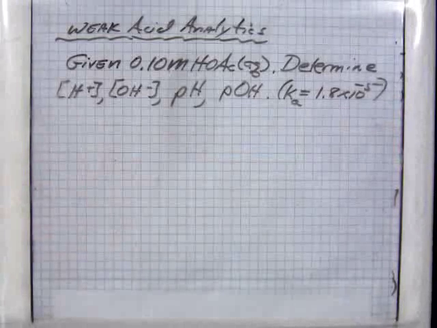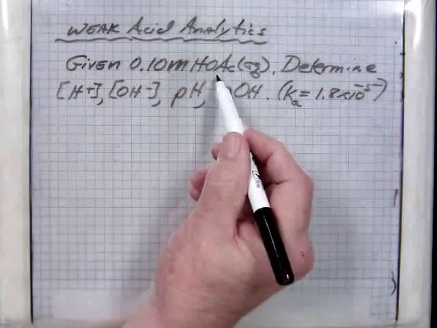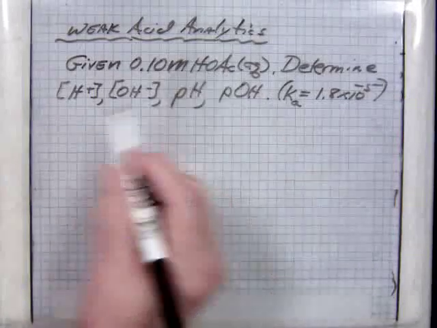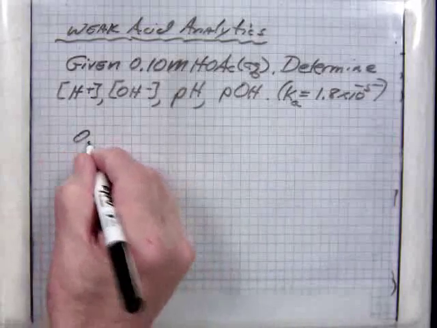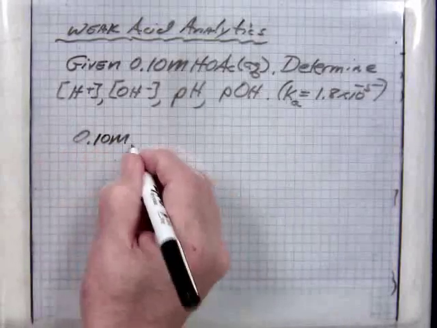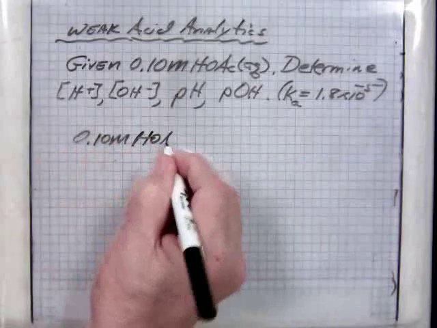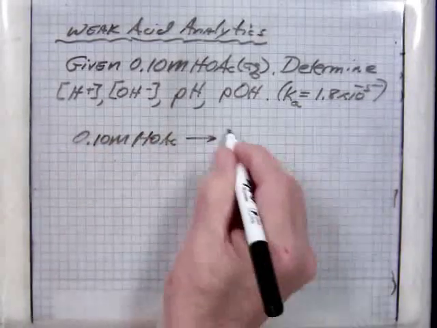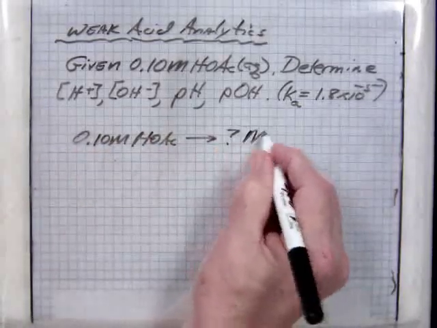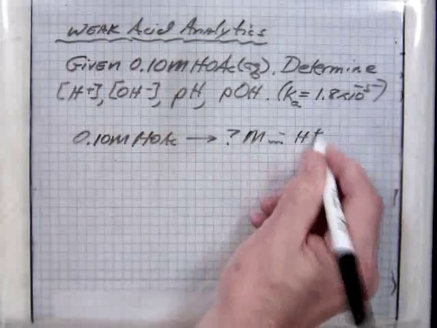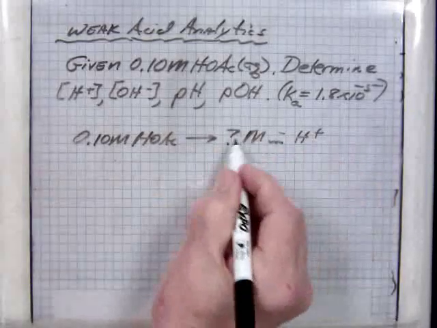Okay, so in working with weak electrolytes, you cannot assume that a 0.10 molar HOAc solution yields how many molar in hydronium ions. You don't know what this is.